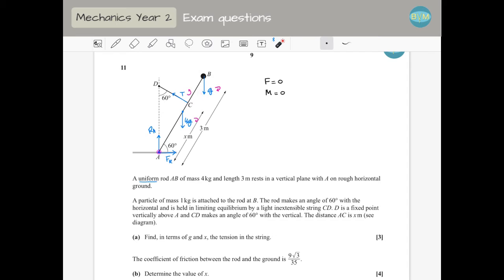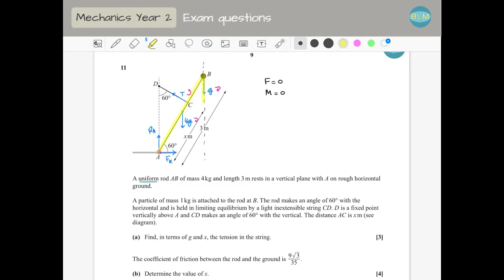The moment that this force produces is the force, which is g, times the perpendicular distance from A to the line of the force, so this distance here.